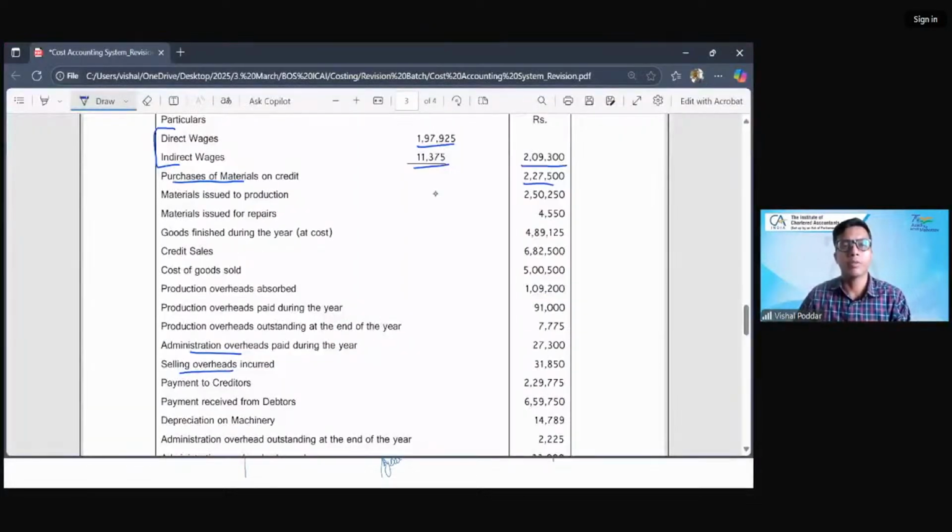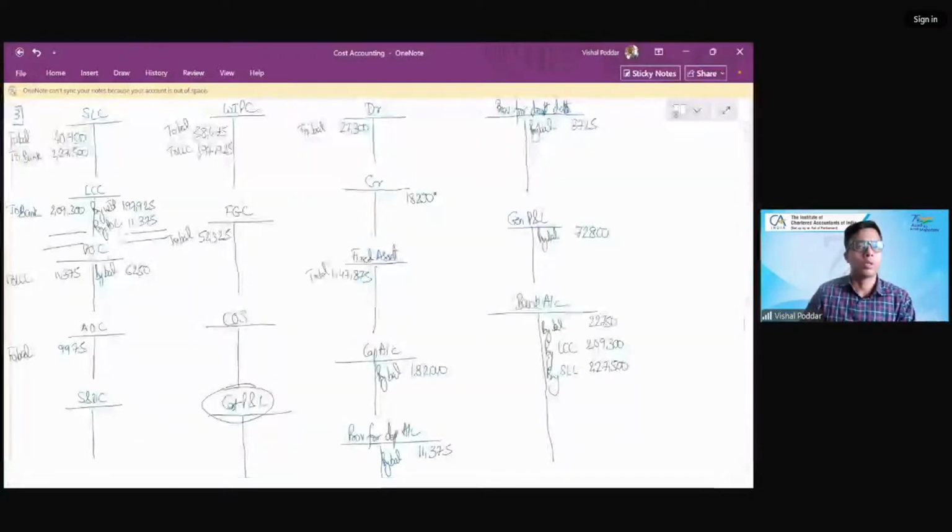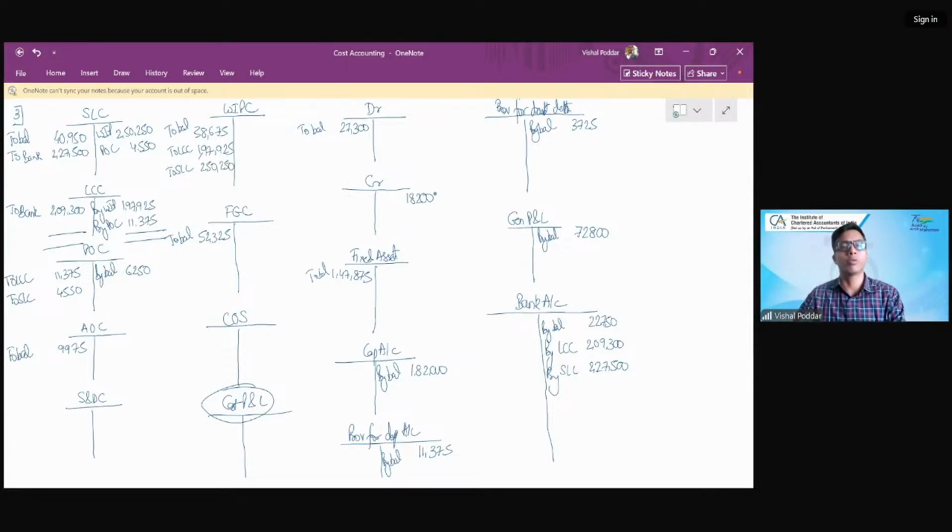Then material which is issued for production 250,250 and for repairs 4,550. What is used for production will go to WIP. What is used for repair will go to POC. So to SLC 4,550. To SLC 250,250. Students, please don't forget to make both the effects posting. If you miss, then it may be a problem.